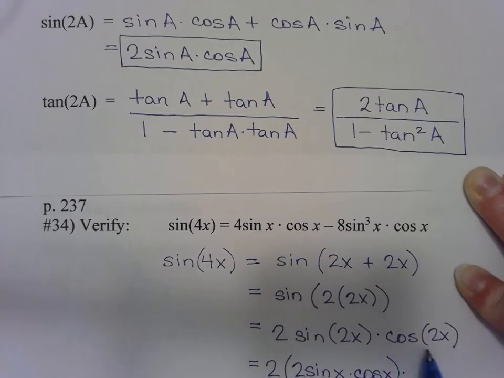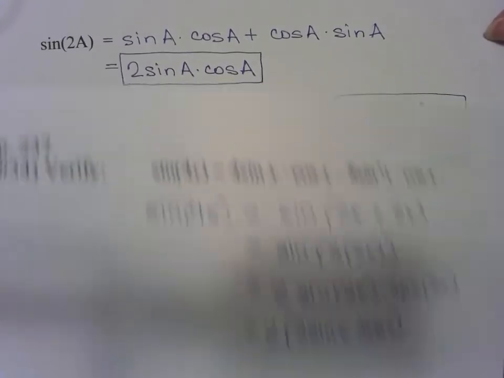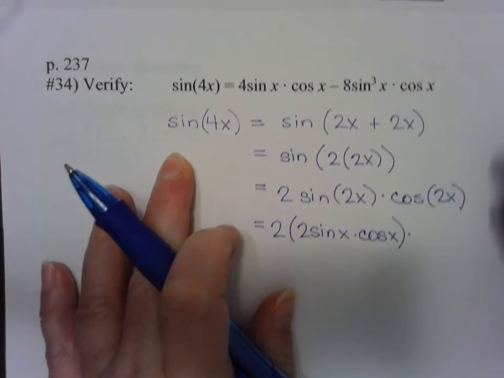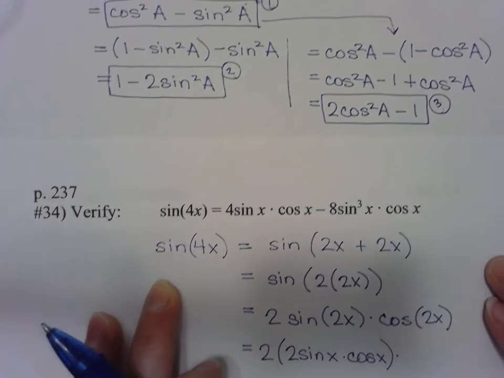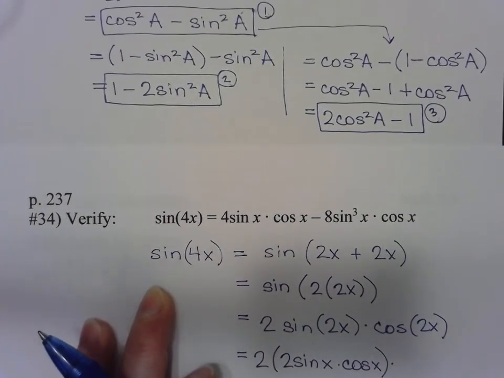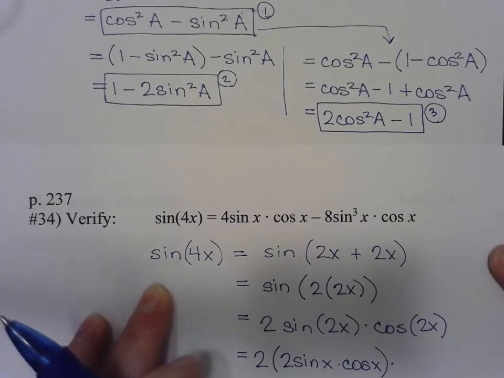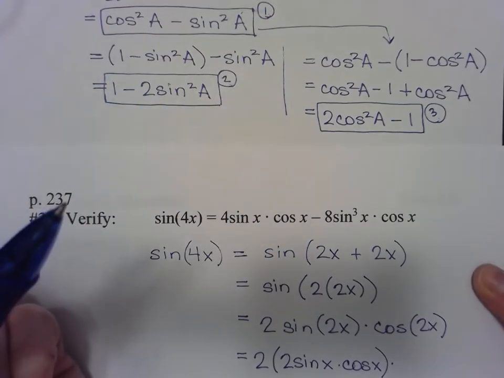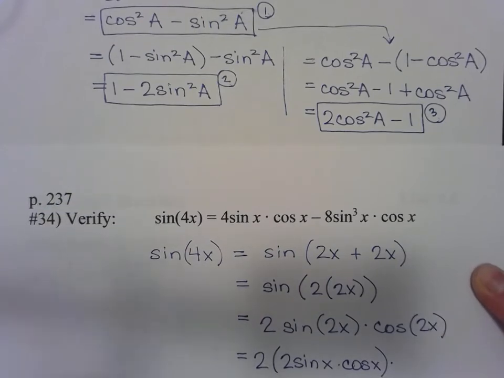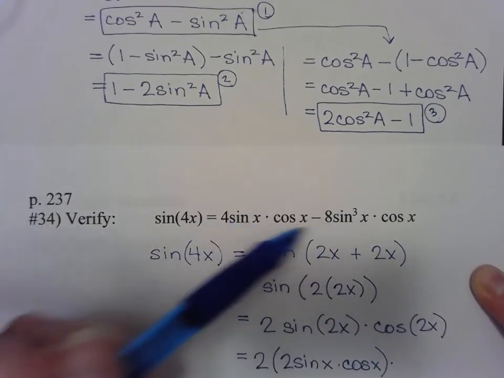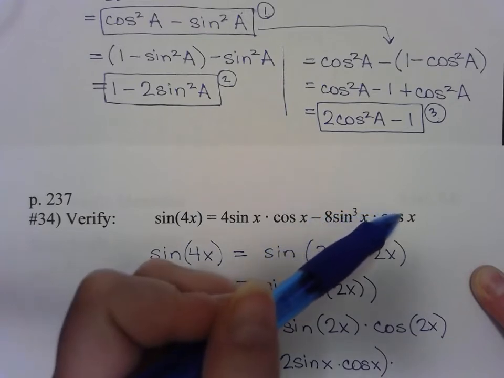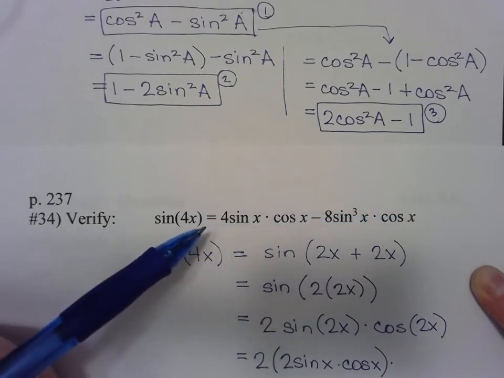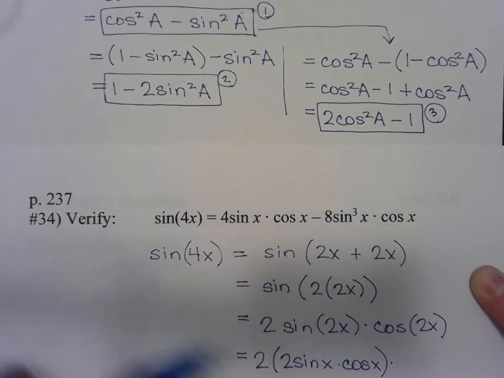Okay, and now I need an identity for the cosine. Let's see if we can fit this all on the screen. All of these 3 that we just looked at are equal to the cosine of 2x. Our job is to try to decide which one of these is going to fit our purposes. Remember, we're trying to achieve this right-hand side, and we already have the cosine right here.